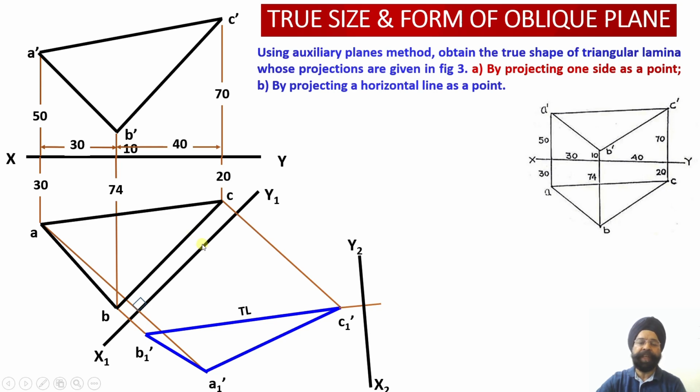You can keep it as low as 8 millimeter, and at most it should not exceed 10 or 12 millimeter. This distance is as per your choice, but if you keep it more, it will adversely affect your drawing sheet management, that is, you will not be able to complete this problem within your drawing sheet.